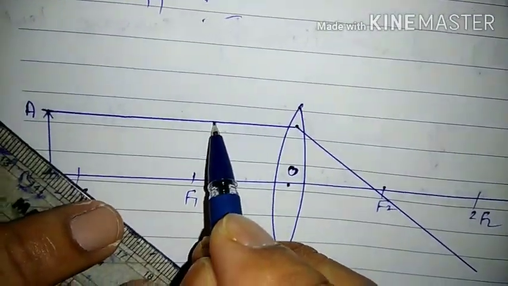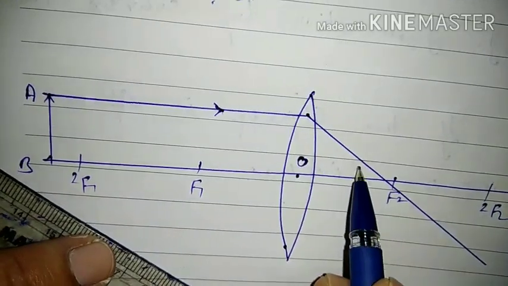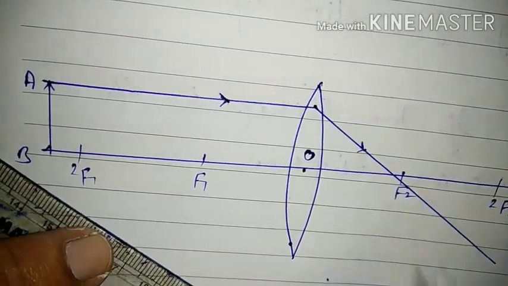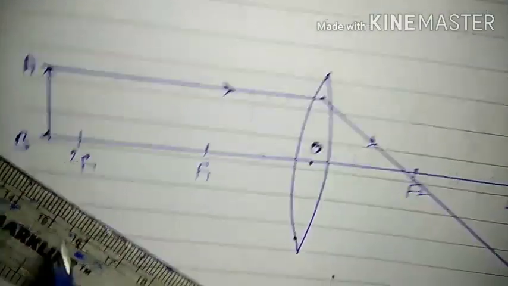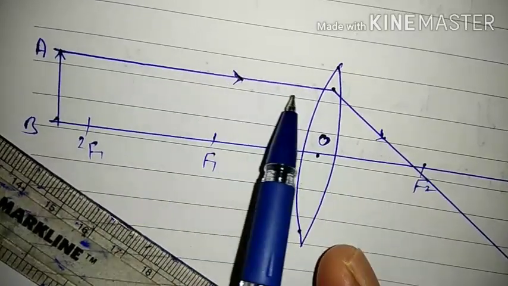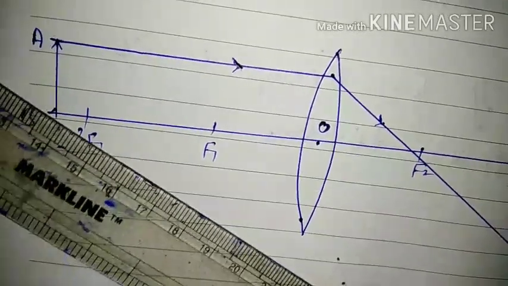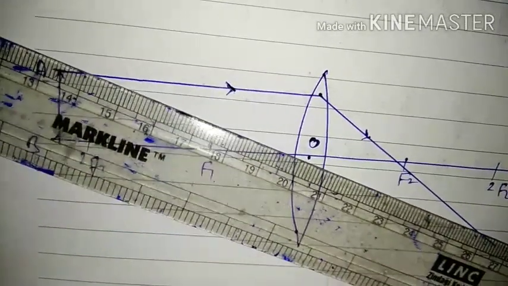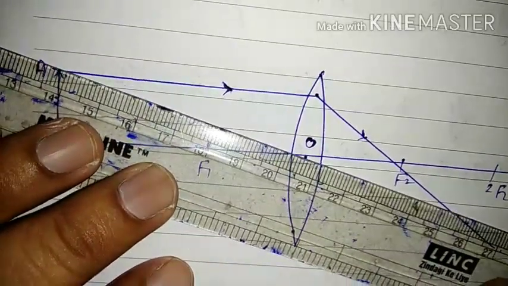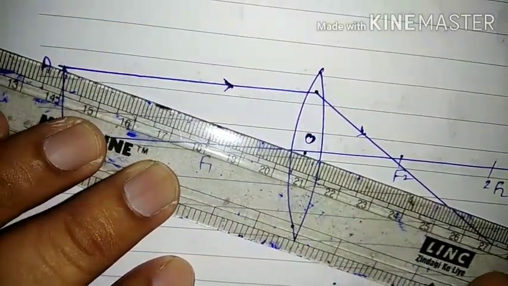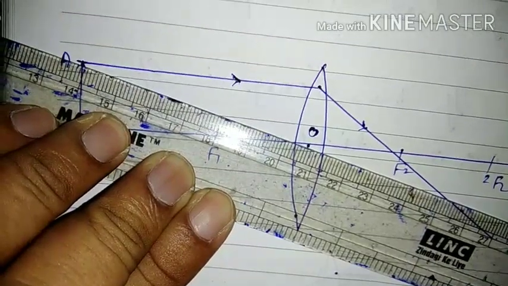This is first ray, and this ray is very much important. It is essential. It gives us the direction. And suppose second ray passes through optical center.